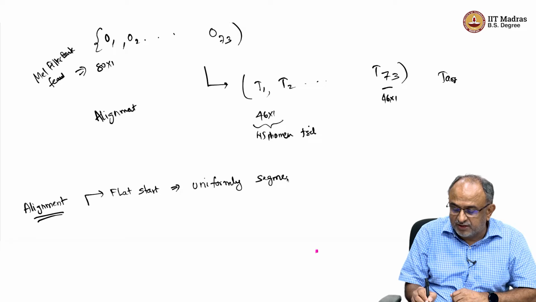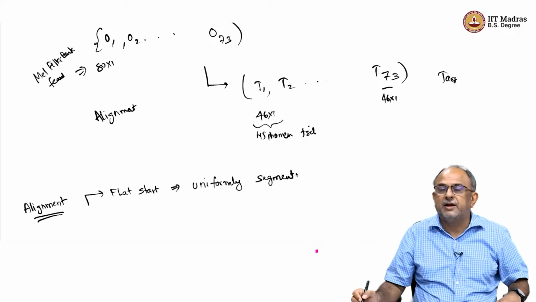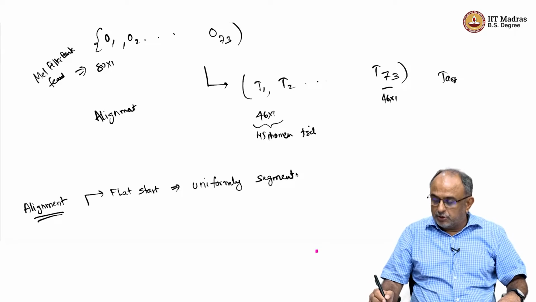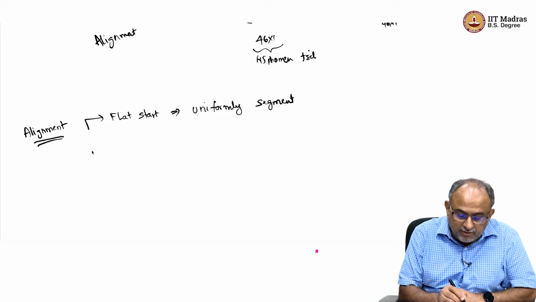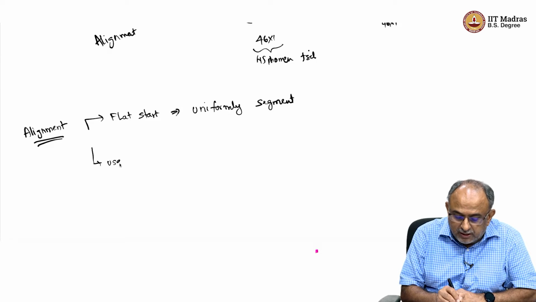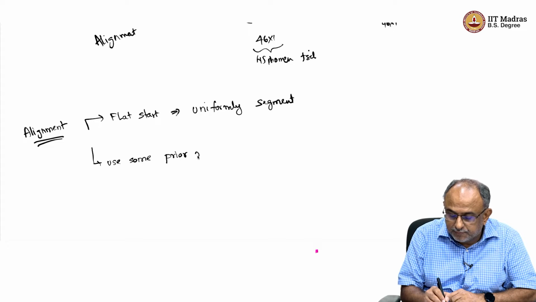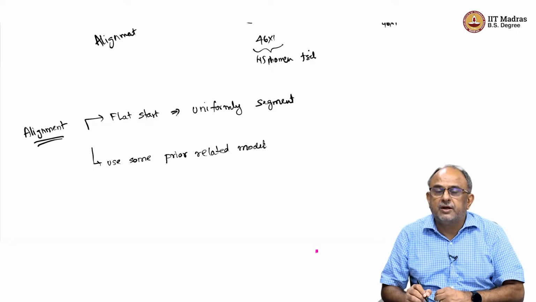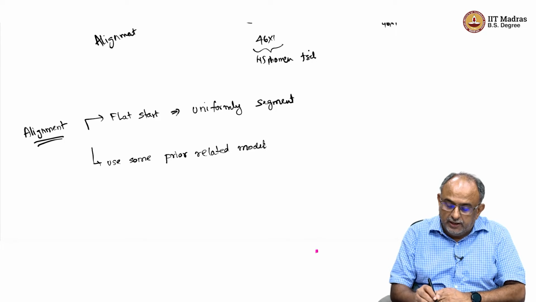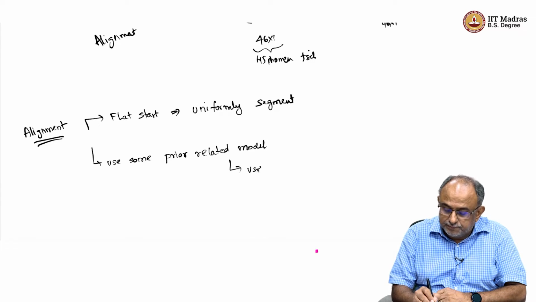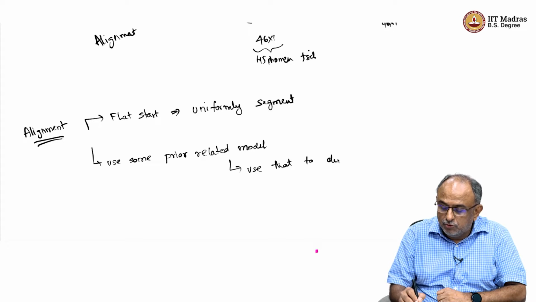I have discussed this idea long time back when I talked about GMM, HMM. The other way is to use some prior related model and use that to do what is called forced alignment.